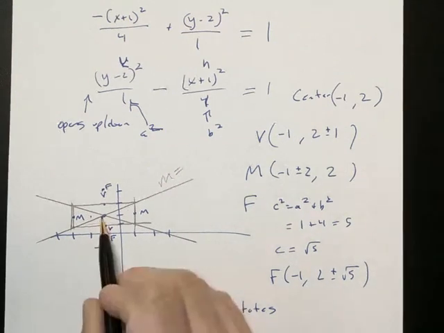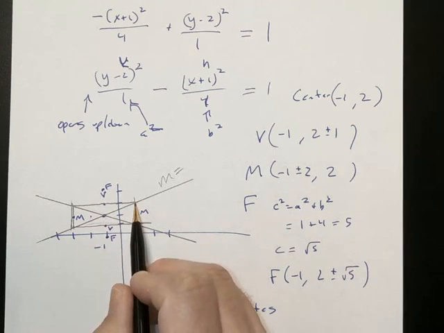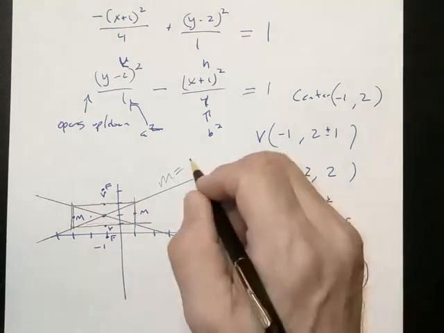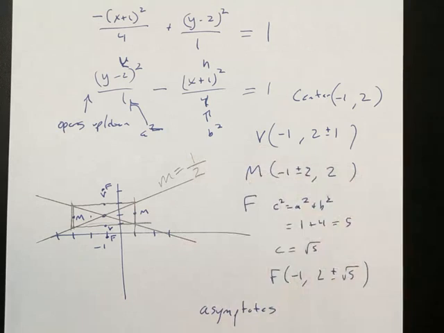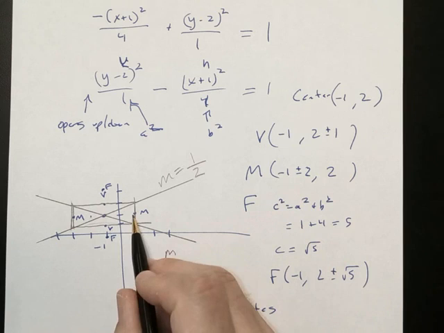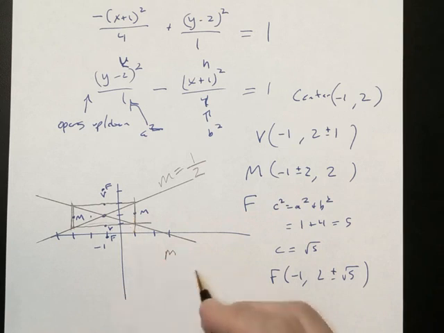Wait a second. Right 2 up 1 means the slope is rise over run. And this slope? Negative. Same run, but a negative rise.